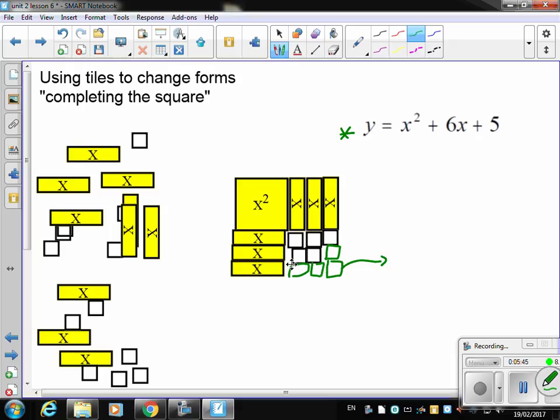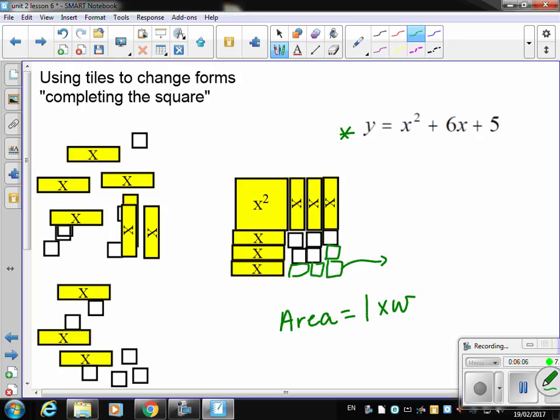So keep that at the very back of your brain. Notice that the area of this thing is x squared plus 6x plus 5 plus a little more. And I can write area as length times width.